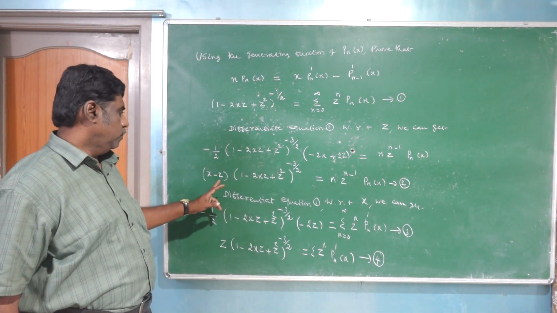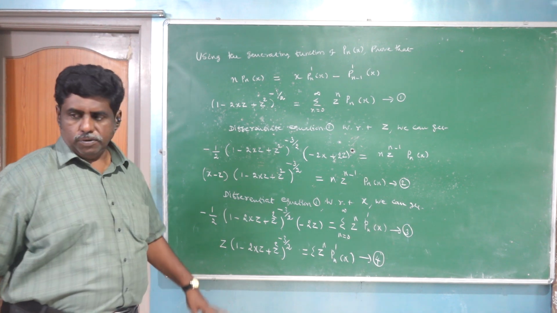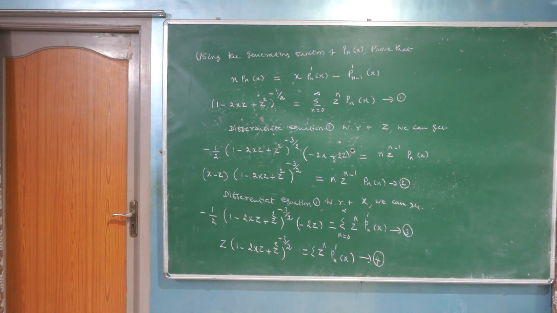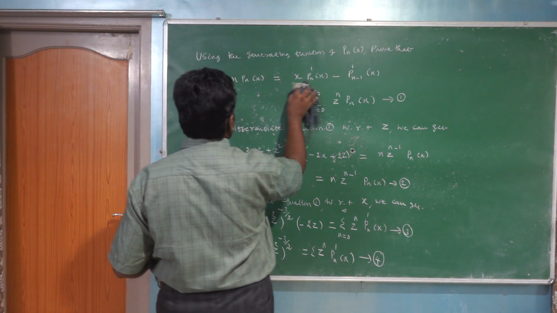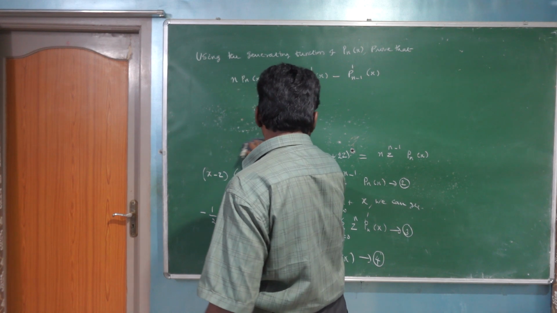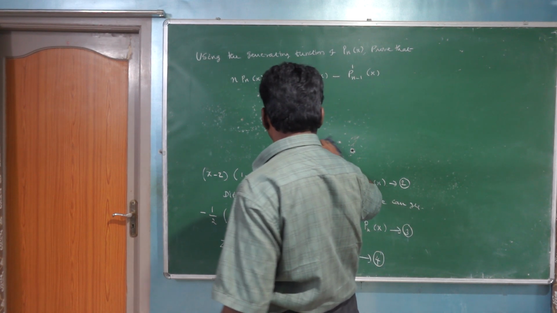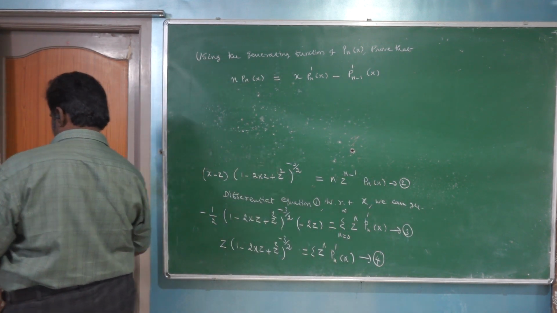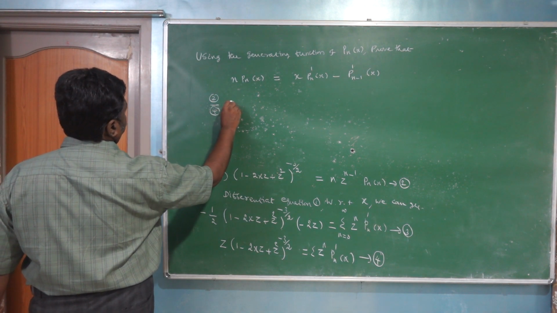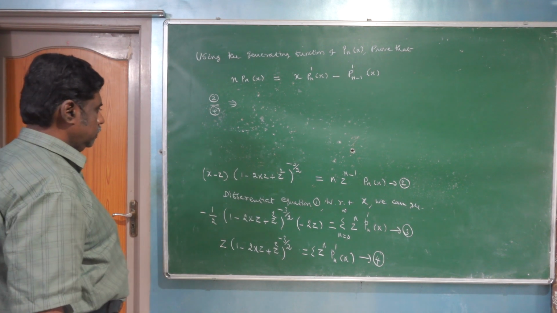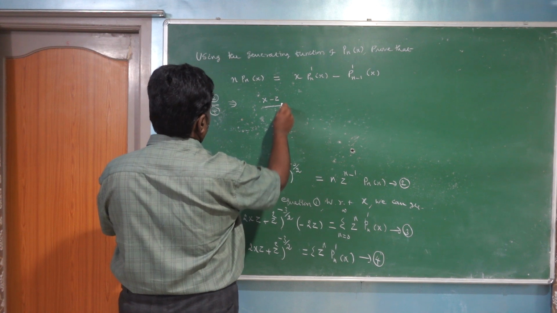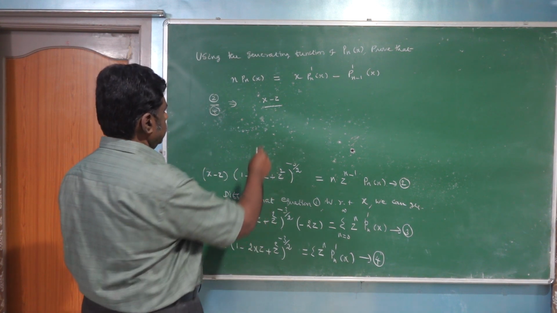Now, find equation 2 divided by 4. Equation 2 divided by 4 implies (x minus z) divided by z.